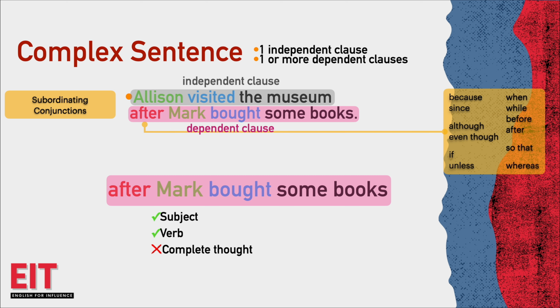So if someone tells you after Mark bought some books, you're gonna say what? What's next? What's the next thing you're gonna say? Because that is not complete. It doesn't make sense. And one more way to figure that out is by looking at the beginning of the clause, not the sentence, because it is not a sentence.